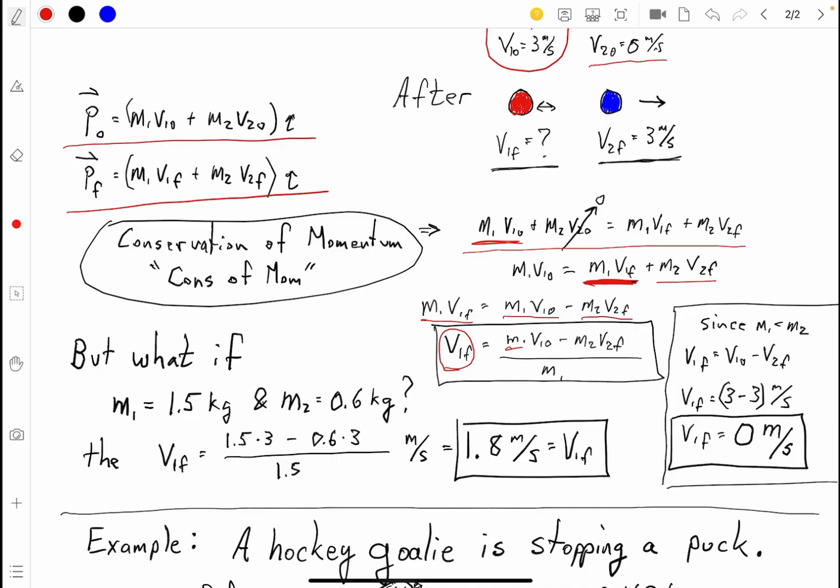If this and this and this are all the same mass, we can factor out the m1, the m2s on top cancel out with the m1 on the bottom. Easy, all right? And in that case, we just say that v1 final is equal to v1 initial minus v2 final, and we show easily that v1 final is equal to 0.